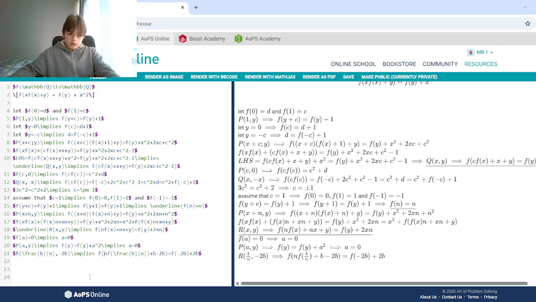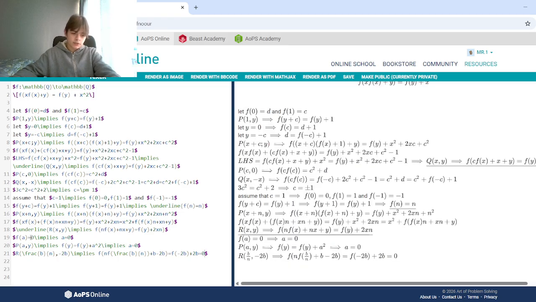If we put this b divided by n and minus 2b, we get this, and the right hand side we know is 0, because we know that f(n) is equal to n, so this is minus 2b and the sum is 0.